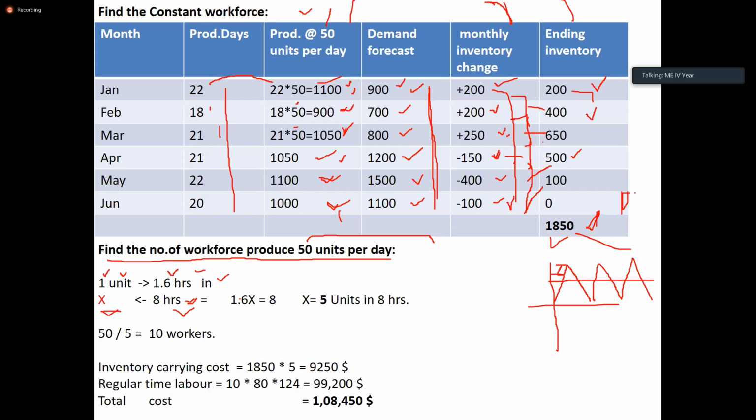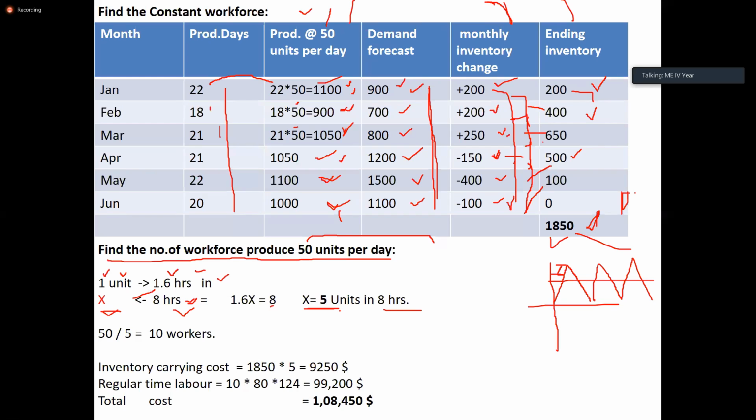You just cross multiply, 1.6 into x, 1 into 8, you will keep x there, 8 by 1.6, you will get 5 units. It means in 8 hours a person can manufacture 5 units only.